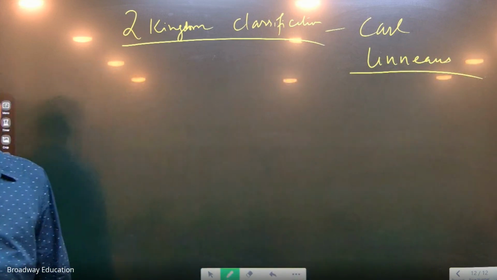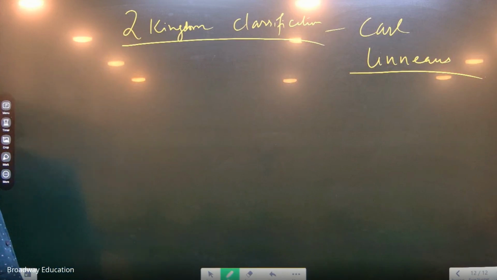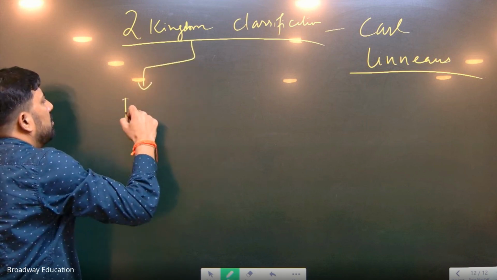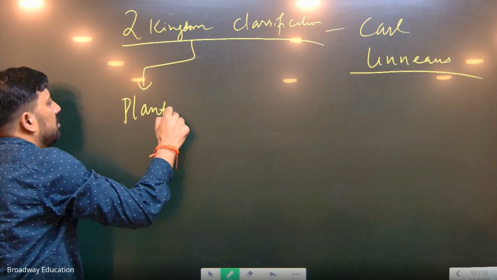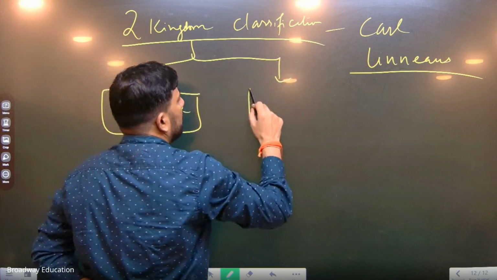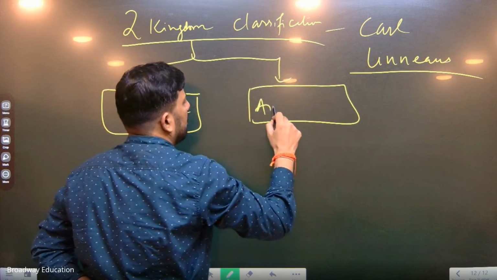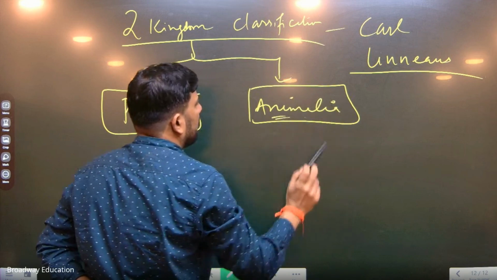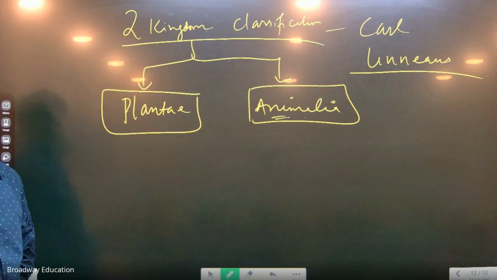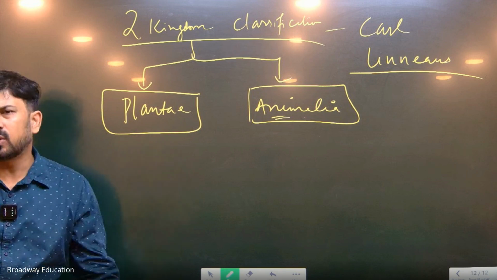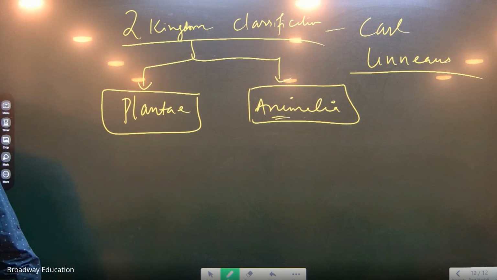Under this, he divided two broad categories, Plantae and Animalia. This written. Now in the Plantae, you can write one line: they have cell wall and chlorophyll.